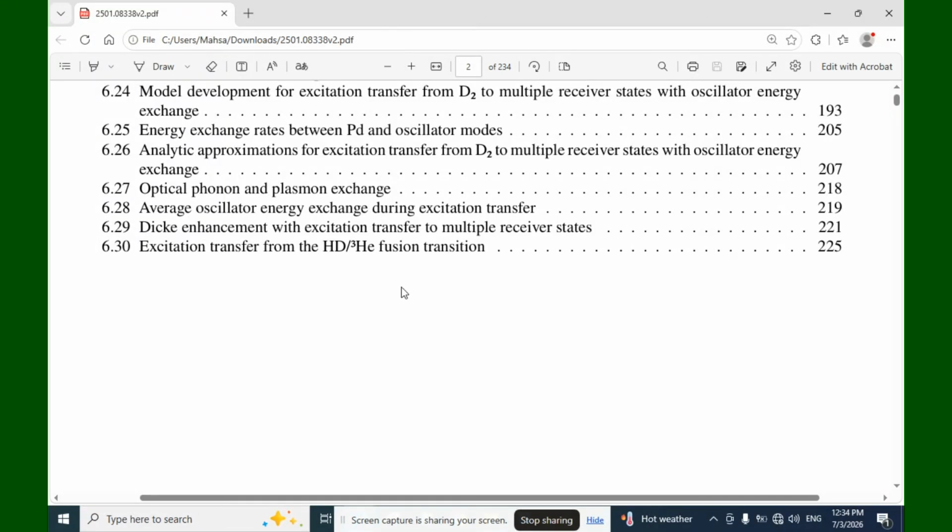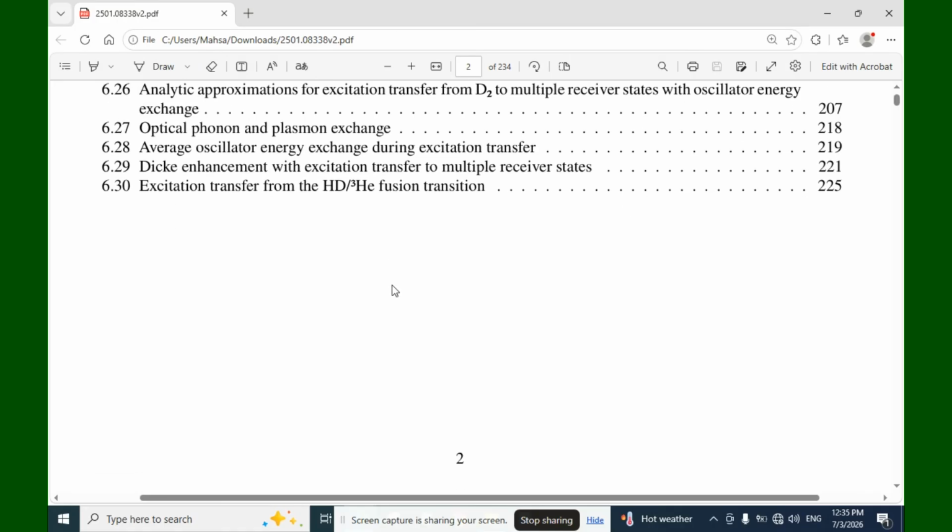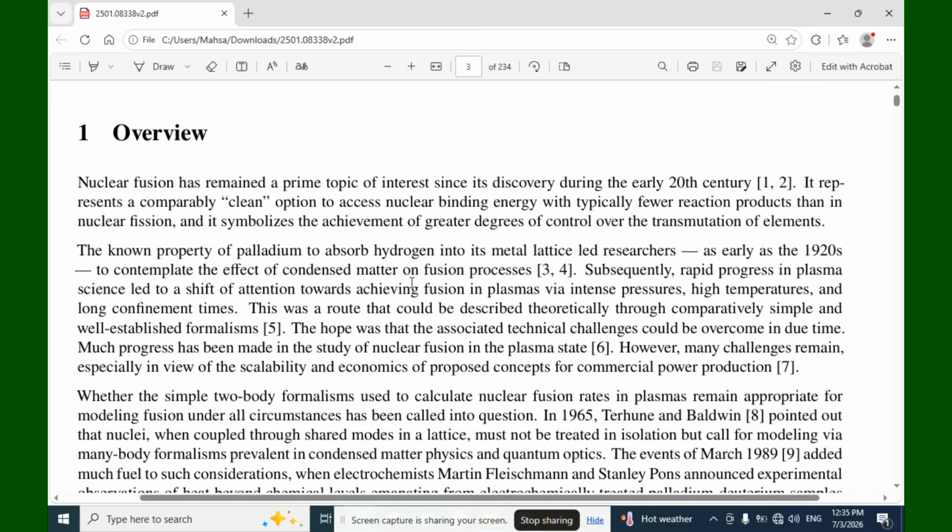Optical phenomena and plasmon exchange, average oscillator energy exchange during excitation transfer, decay enhancement with excitation transfer to multiple receiver states, excitation transfer from the HD helium-3 fusion transition.